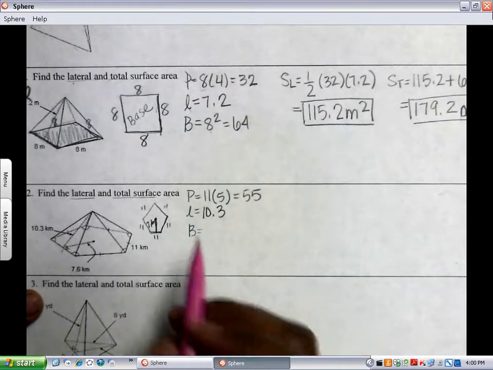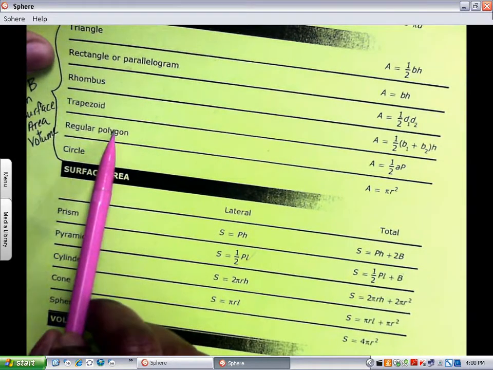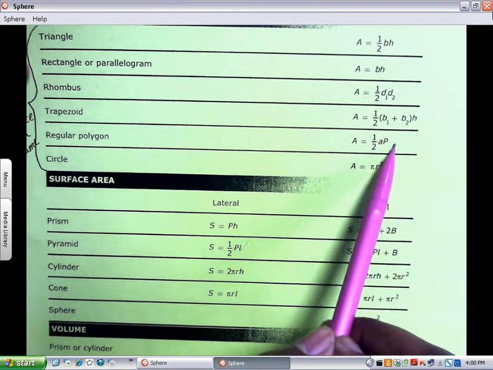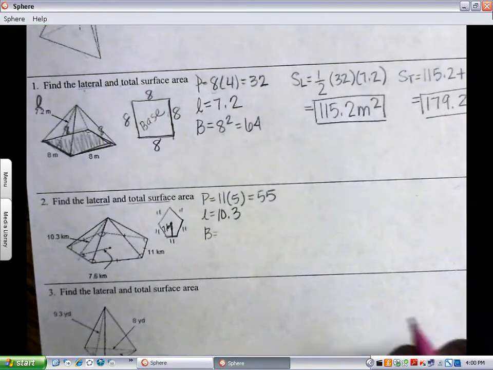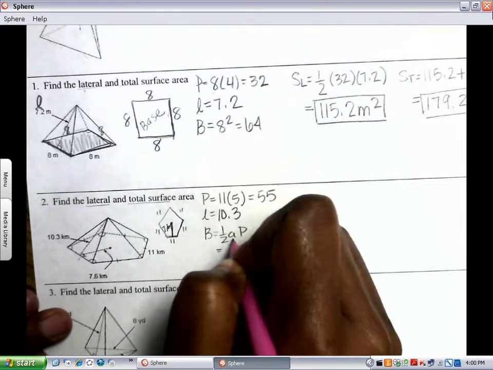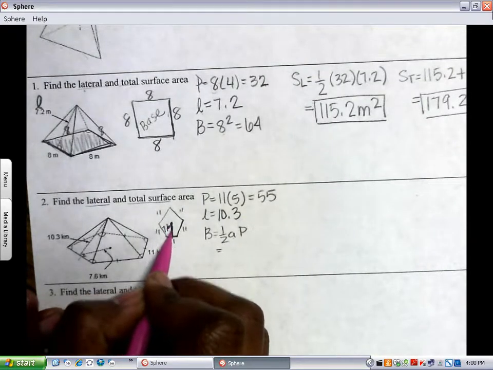Now to get the base area, and I'm going to write this formula just to make us remember. We have a regular polygon, so we have to use the formula 1/2 AP to get the area of the base. Right? So 1/2 AP. Now the A is this little distance, looks like a radius, goes from the center to one side.